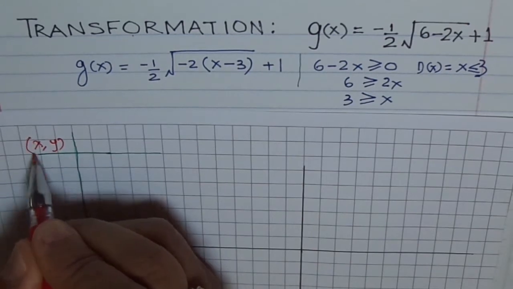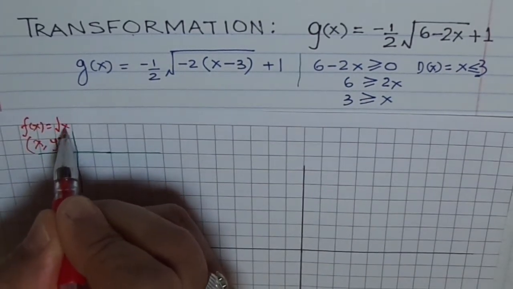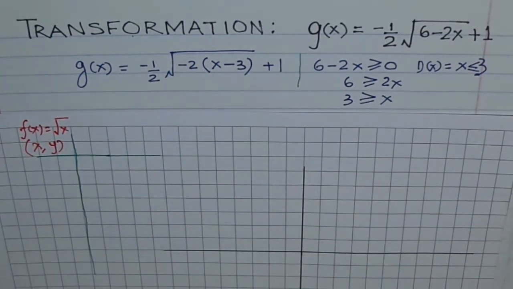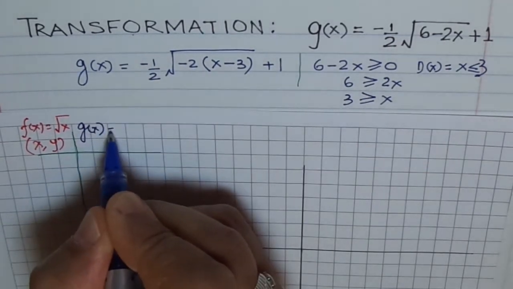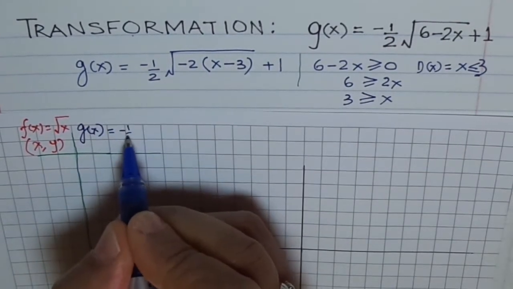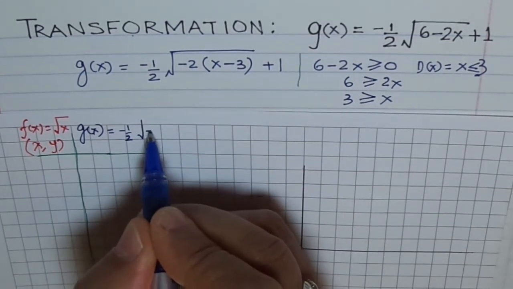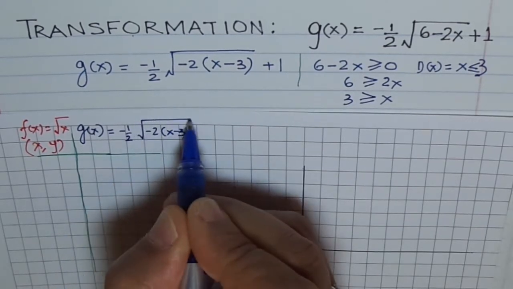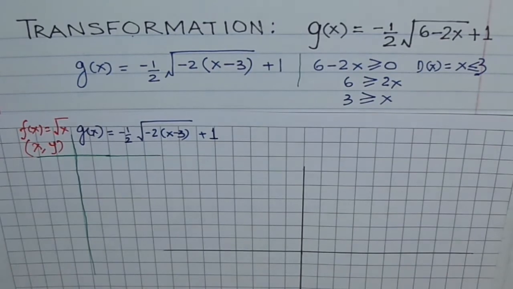So what is our original function f(x)? Original function f(x) is square root of x, which is transformed. And then once we transform, we get our g(x), which is equal to minus half square root of minus 2 x minus 3, plus 1. Is it okay?